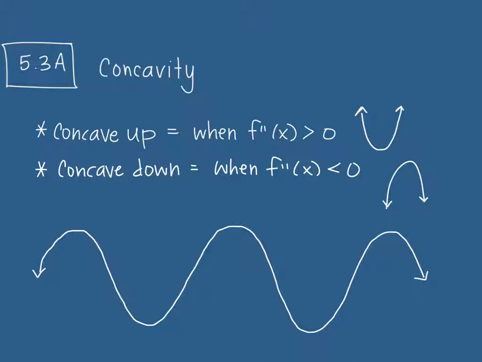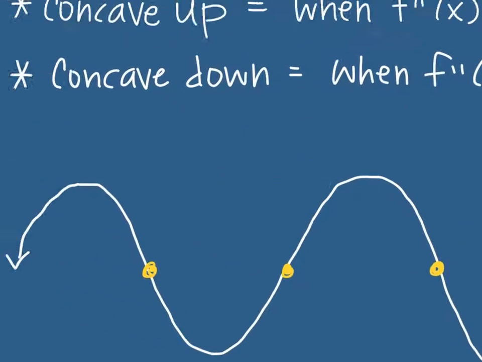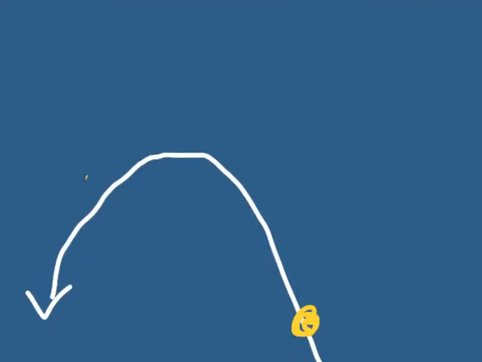Then it switches to concave up. The switch happens about right here, and now that piece is concave up. And then about right here it will switch again, and then it's concave down, and then it switches again to concave up, and then concave down, and it just continues to cycle back and forth. This section right here we call concave down.